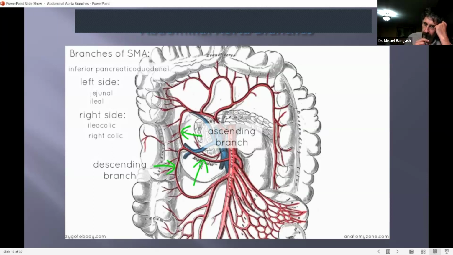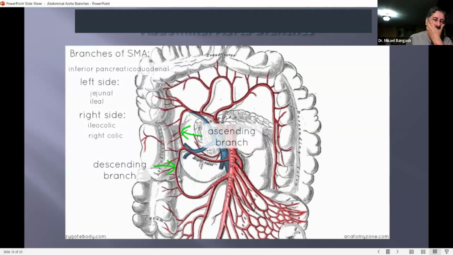So the middle colic artery has a branch which anastomoses with a branch from the right colic artery. It's fairly simple. You've got a branch which goes up, so it's ascending, and a branch which goes down, so descending. So the right colic artery supplies the ascending colon.